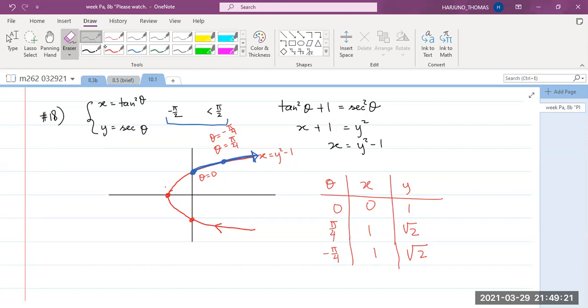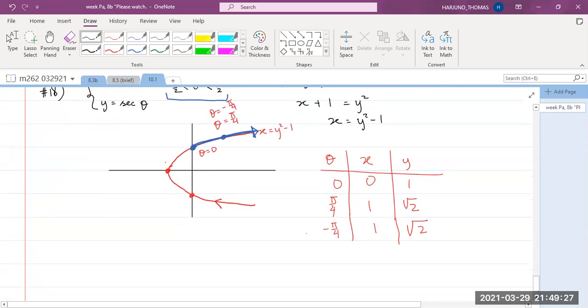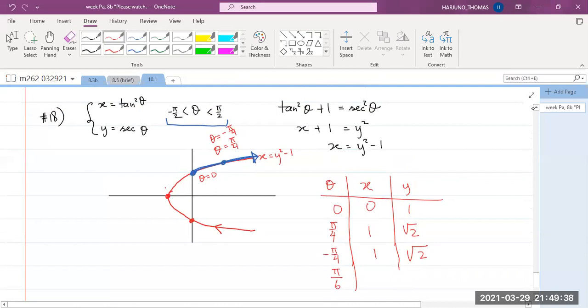It turns out it's not. Okay. What I did is I did plotting. When theta is pi over 6, what will that be? When theta is pi over 6, x is what?